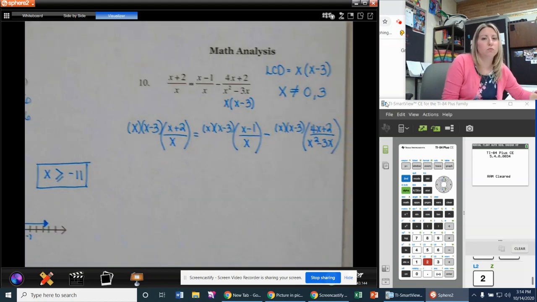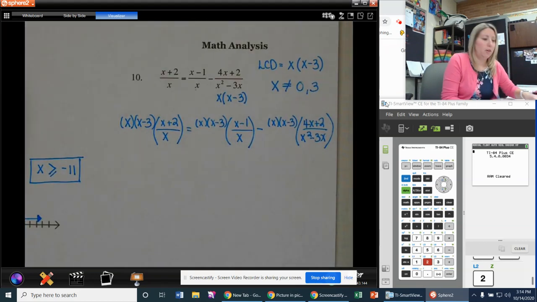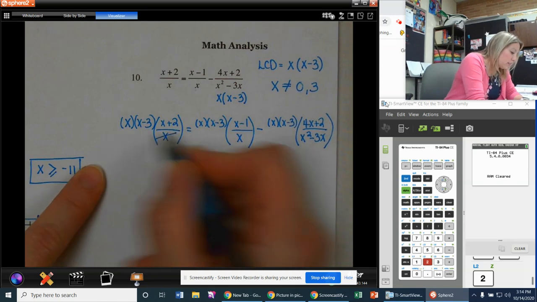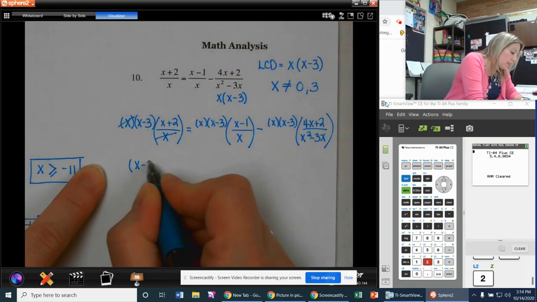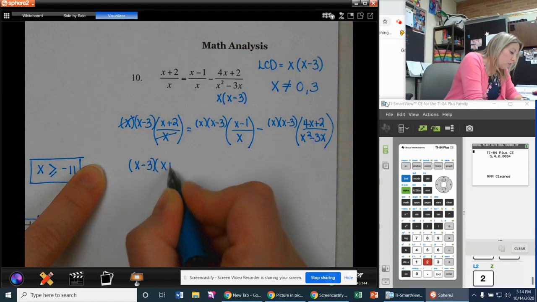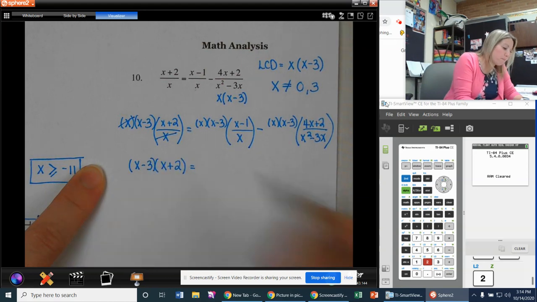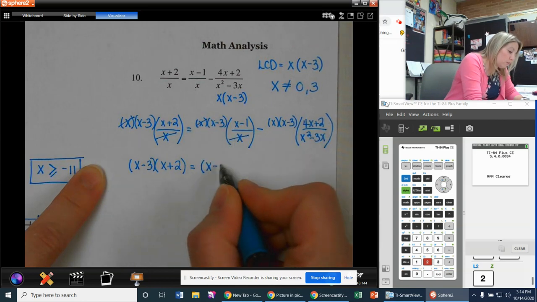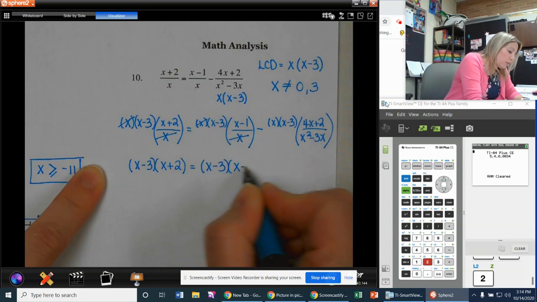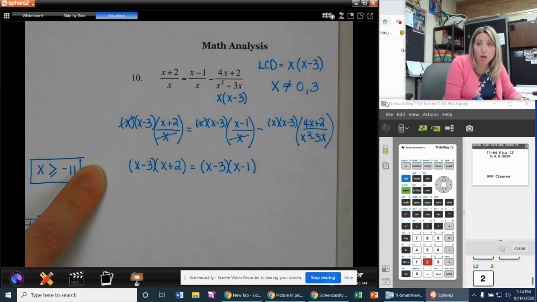Oof, almost got too big for a second there. This one's kind of easy because the x's cancel, but now you've got two binomials that are going to multiply together. So let's rewrite them down here so that we remember to FOIL them. Oh, okay.